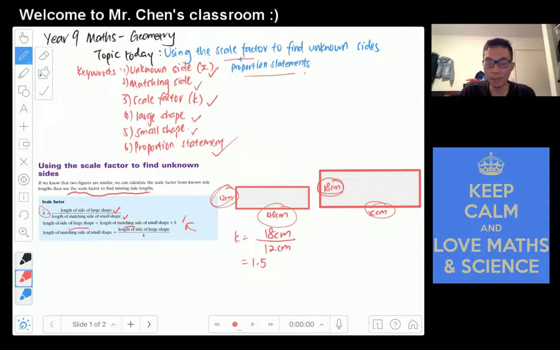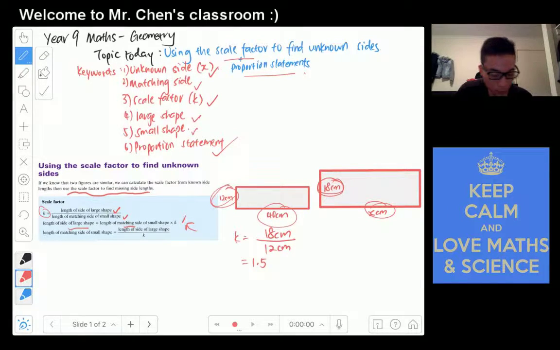If you divide it, that means the large rectangle is actually 1.5 times bigger. So from there we want to find out what x is. We know the length of the small rectangle is 40 centimeters, and we don't know what x is on the large one.